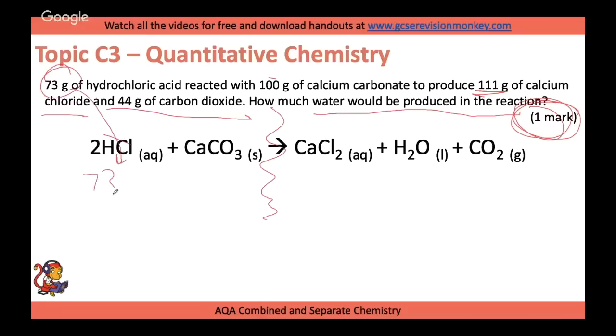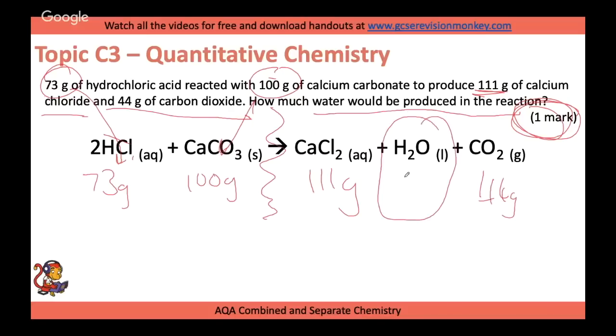So we take the information from the question down here. So 73 grams of hydrochloric acid reacts with 100 grams of calcium carbonate to produce 111 grams of calcium chloride and 44 grams of carbon dioxide. So that leaves out this. That's what we need to work out. And if everything on the left needs to equal everything on the right, reactants equal products, then everything on the right must equal 173 grams because that's what the left equals.